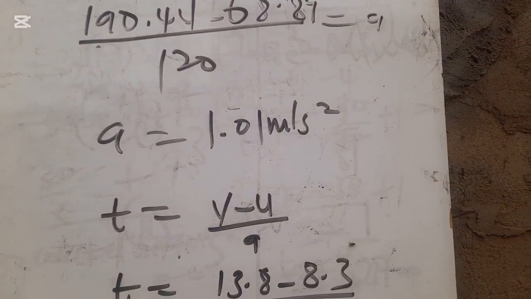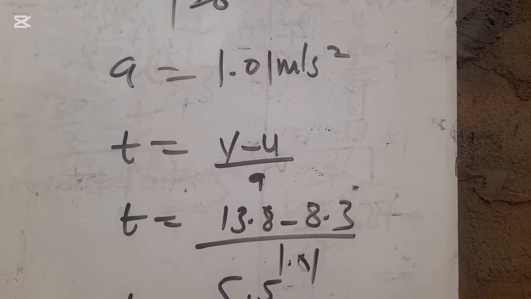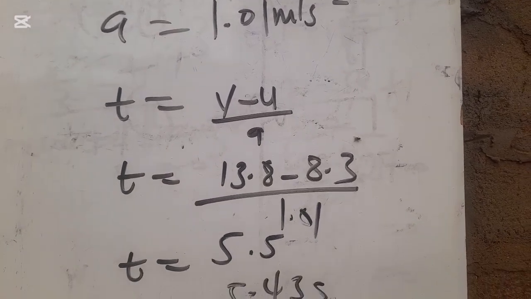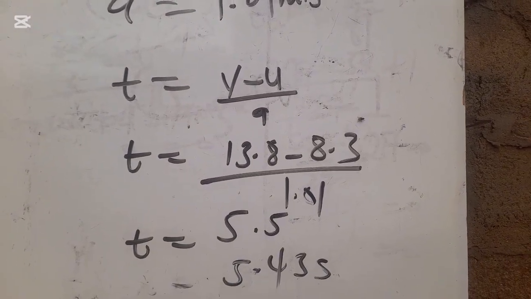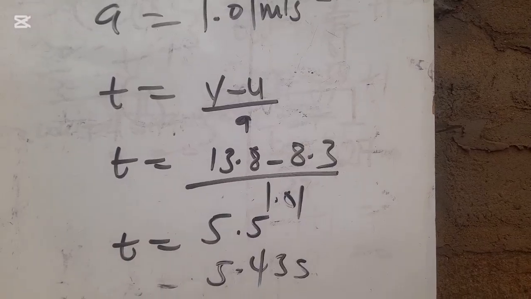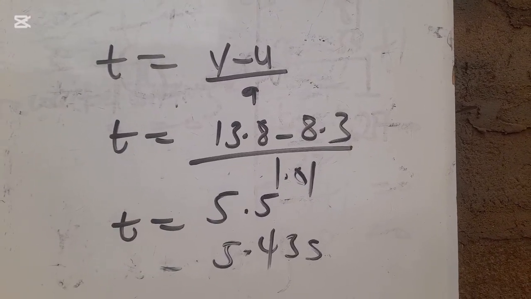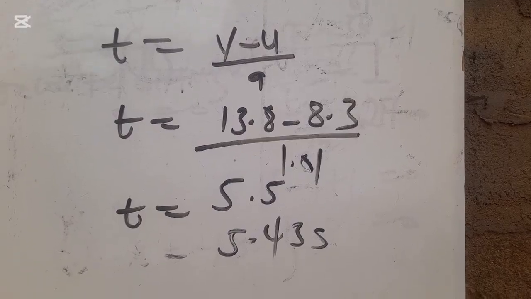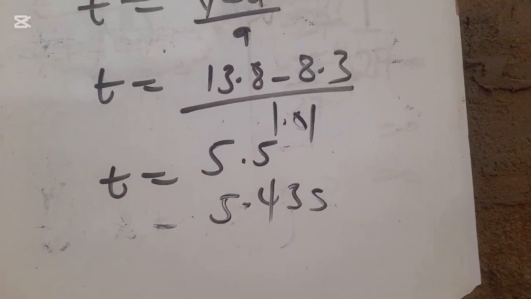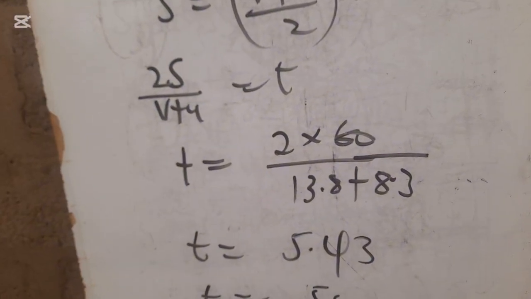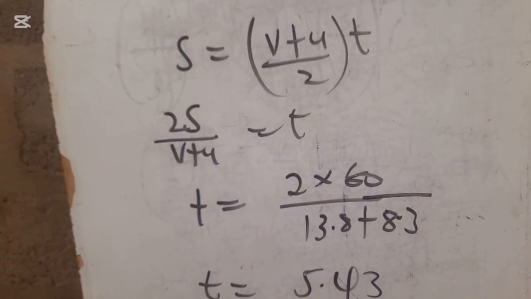So when I use acceleration equal to 1, I get the time to be 5.5. But when I change it and use the correct value of acceleration, which is 1.0129, I get the time to be 5.43, as I got using equation 4.